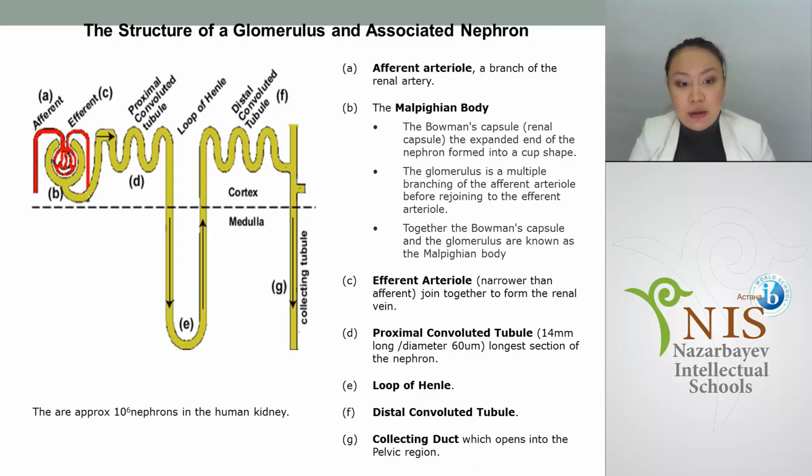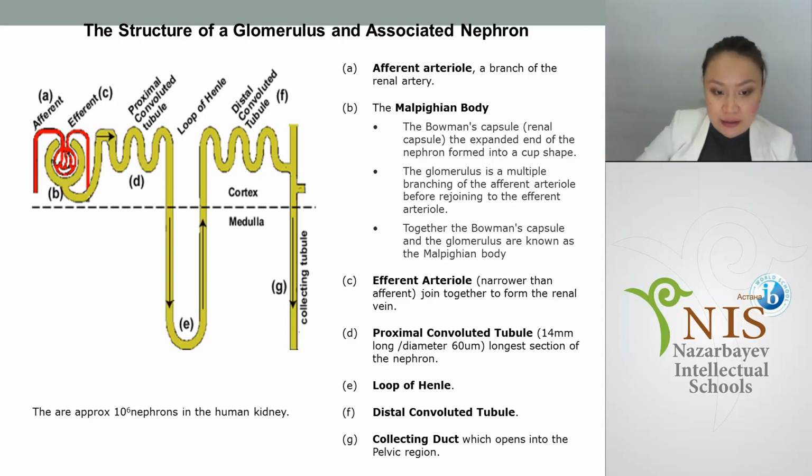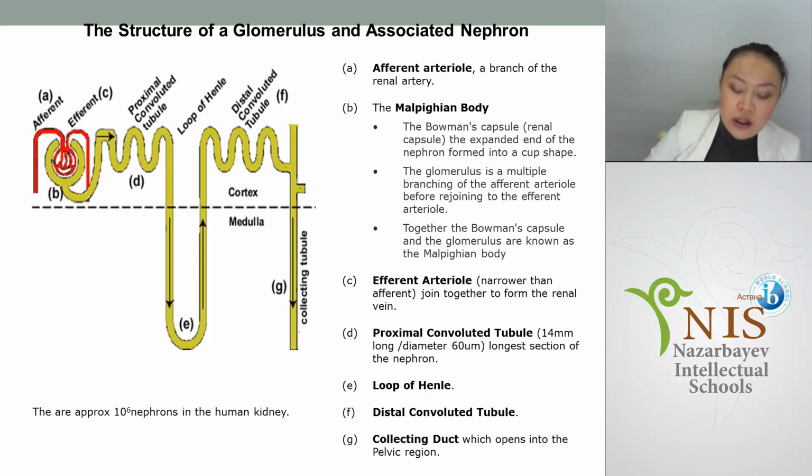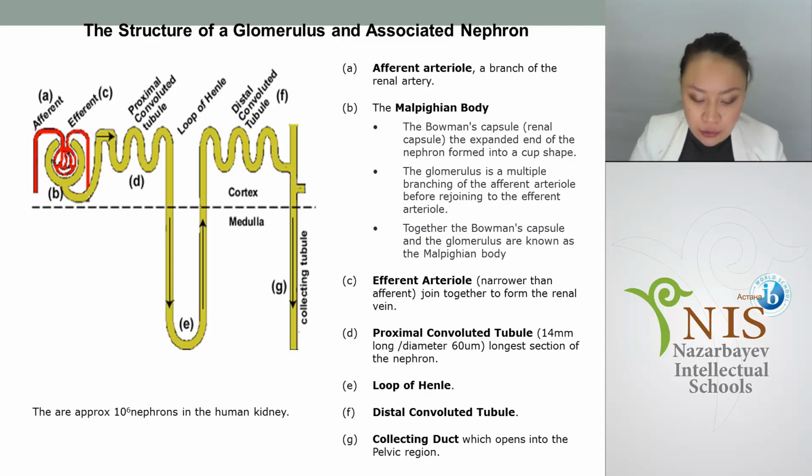Next one is the loop of Henle. It looks like a loop, that's why it is called a loop. F is the distal convoluted tubule. Then G is the collecting duct, which opens into the pelvic region, and then from the pelvis it goes into the bladder, and then from the bladder it goes out.